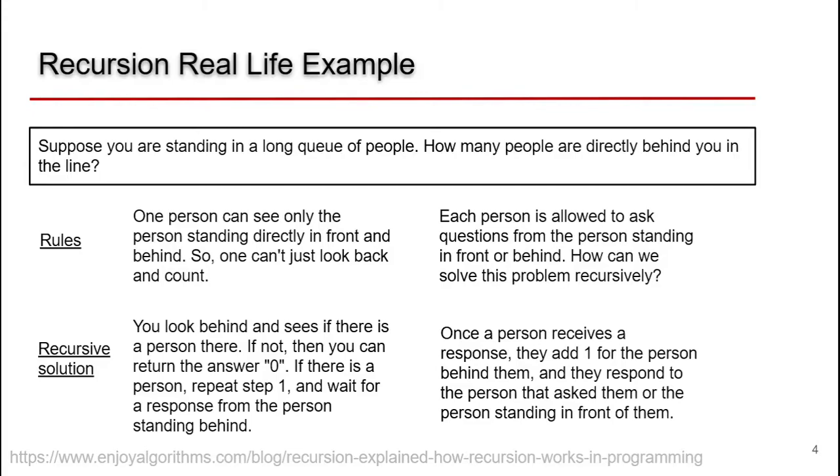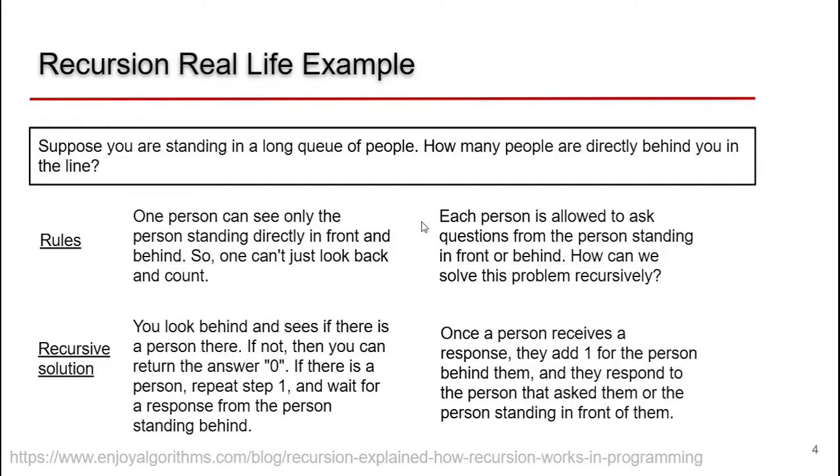But we have two rules. Only a person can ask the person in front and behind. So you cannot ask, let's say, the person at the end of the queue. This is rule number one.